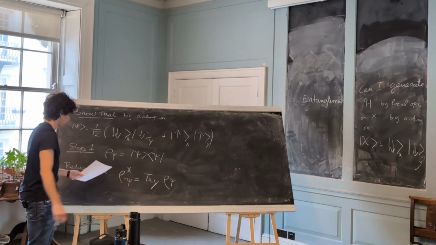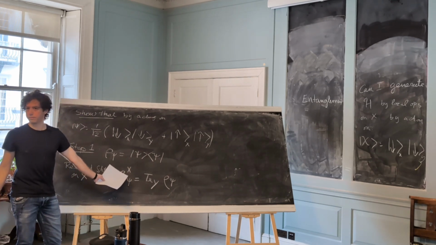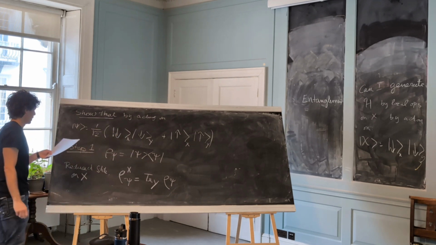And if I do this, then I have a new density matrix that's only defined on the X Hilbert space. You can do this calculation at your own time.